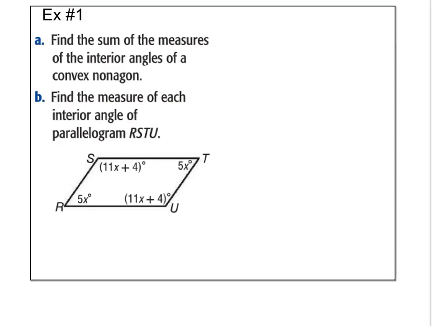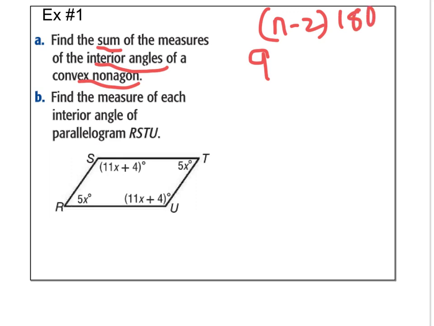So now for example 1, our mission is to find the sum, meaning the addition, of the measures of the interior angles in a convex nonagon. A nonagon, if I went back, is a 9-sided figure. So what I'd like you to do is use the formula to figure out how many degrees a nonagon has.